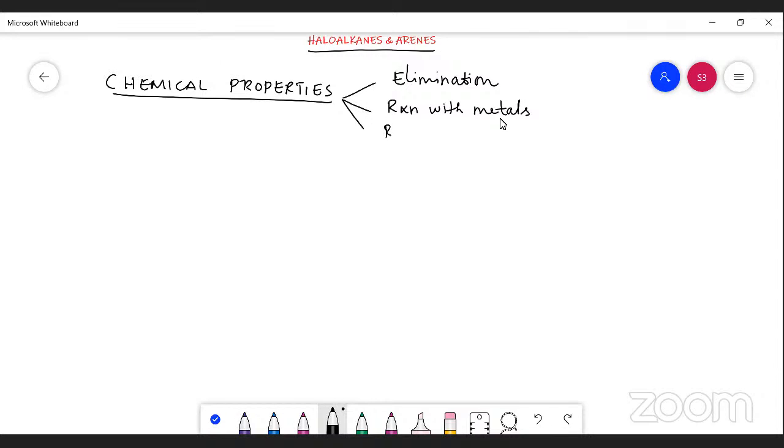And third, reduction process. So totally the chemical properties have 4 types. Yesterday we completed substitution, we leave that one, and the remaining 3 properties we are going to discuss now. Is it okay, students? So first, let us start with the elimination reaction.